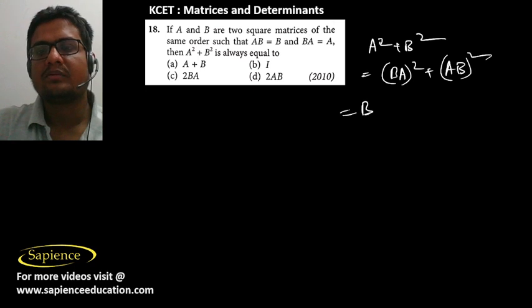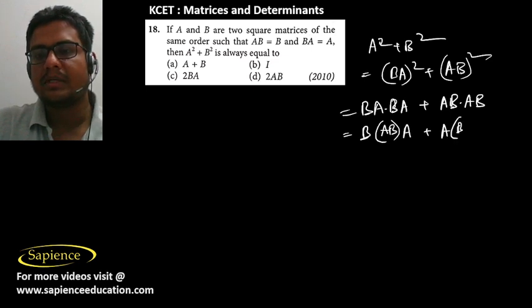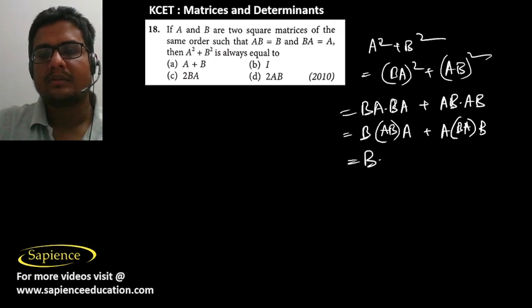So this will be equal to BA into BA plus AB into AB. So now this B into AB I can write B into AB into A plus this I can write A into BA into B. So now B into AB is B into B into A plus A into BA is A, so this is A into A into B.